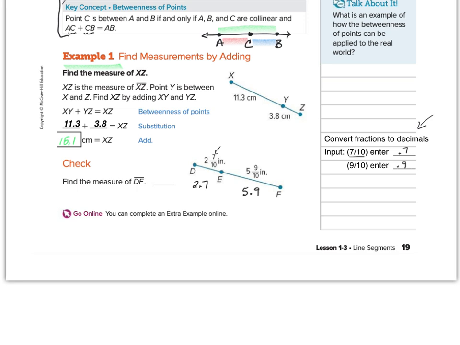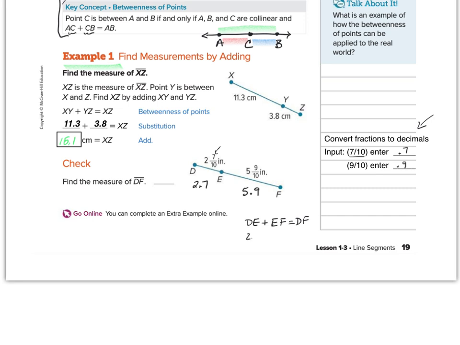So find the measurement of DF. I know that DE plus EF is equal to DF. I will continue to write these formulas down, this definition, because when it gets more difficult, it is something that I can simply fill in and solve.